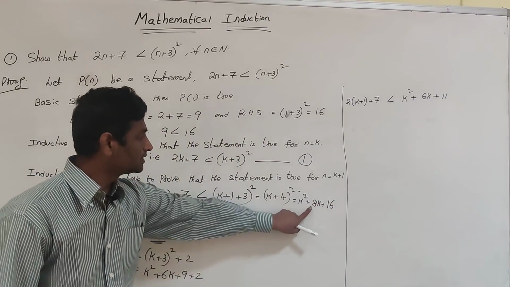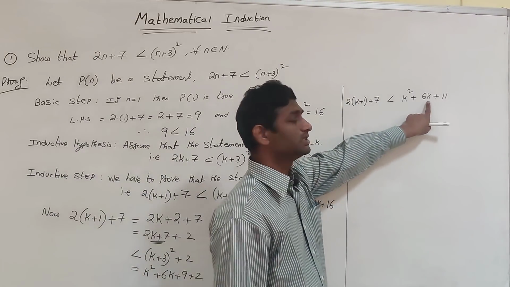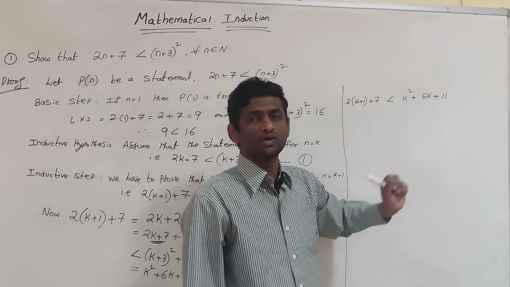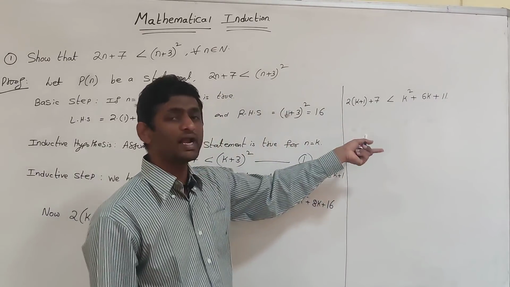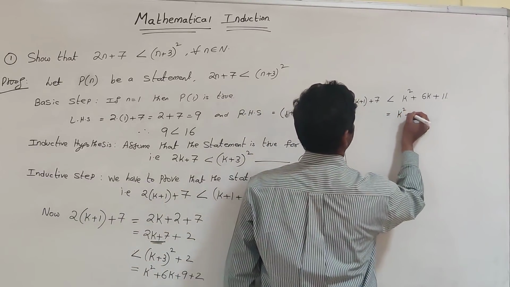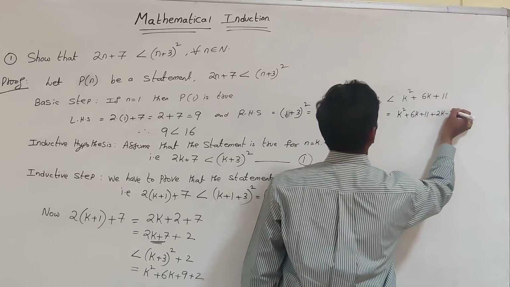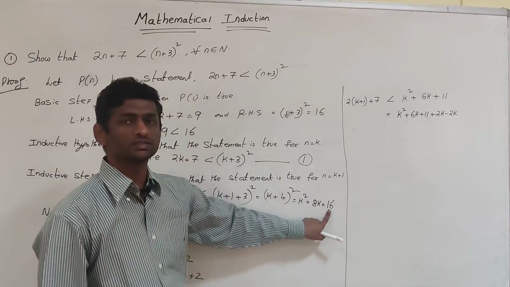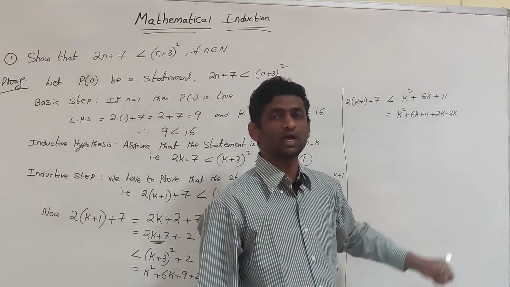So this is our target. To get 8k, we got only 6k, so we have to add 2k. In order to balance, we add and subtract 2k: k square plus 6k plus 11 plus 2k minus 2k, it doesn't affect the previous step. 16 is there, but we got only 11, so we still have to add 5.